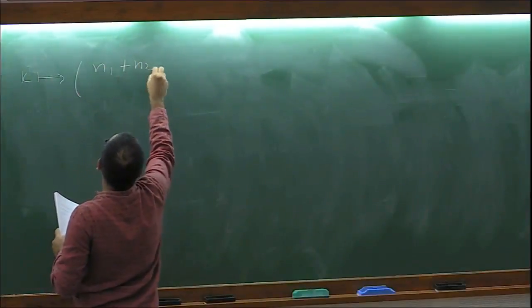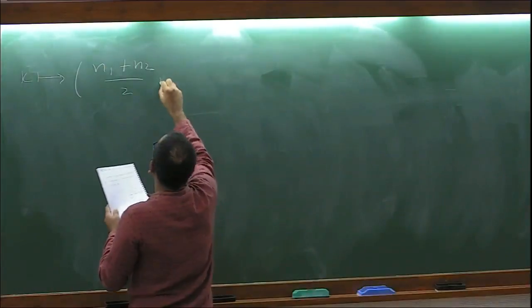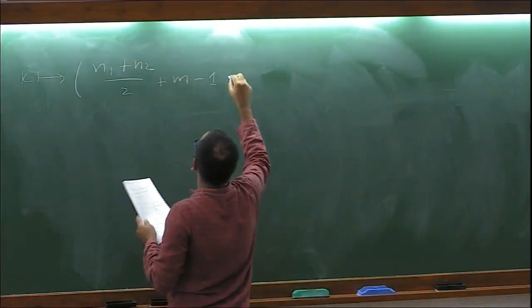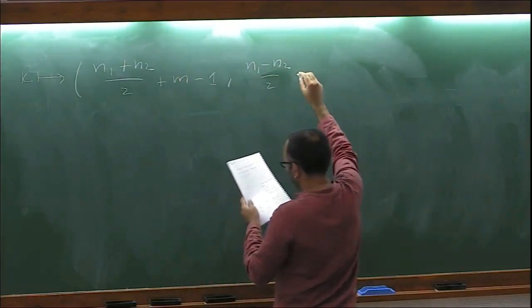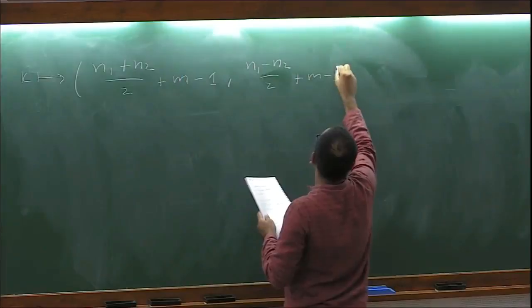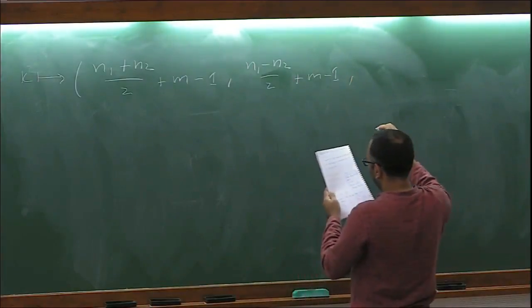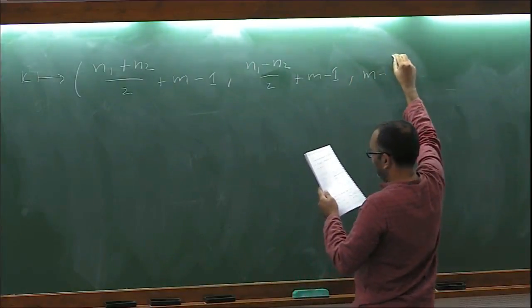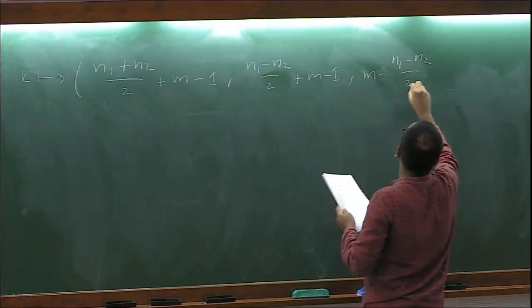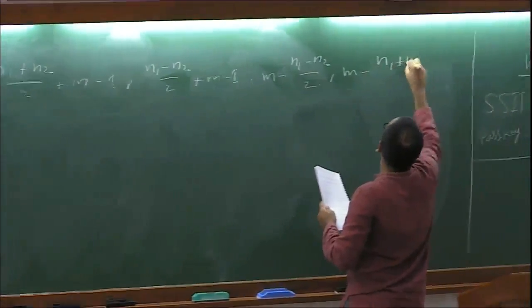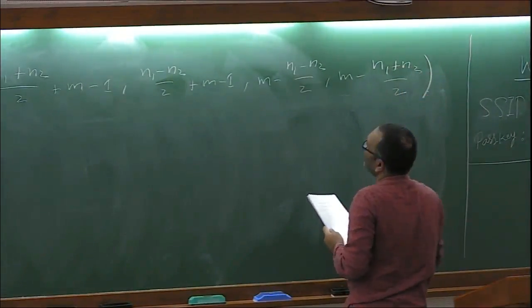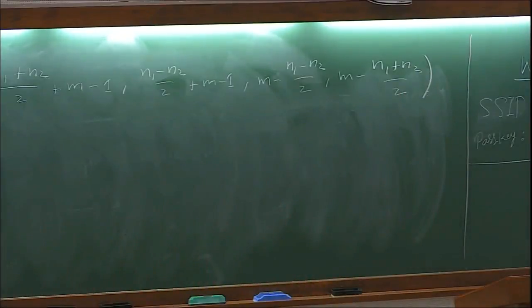Kappa goes to ((N1 + N2)/2 + M - 1, (N1 - N2)/2 + M - 1, M - (N1 - N2)/2, M - (N1 + N2)/2).